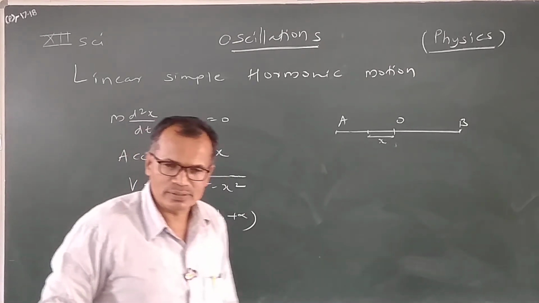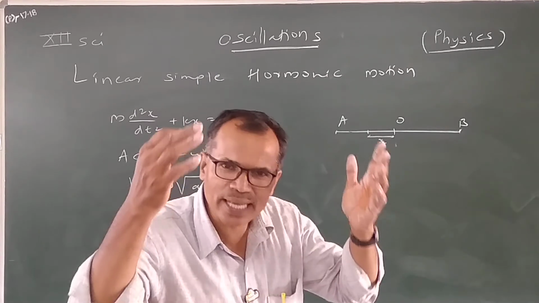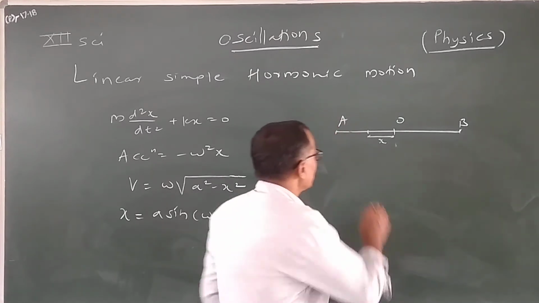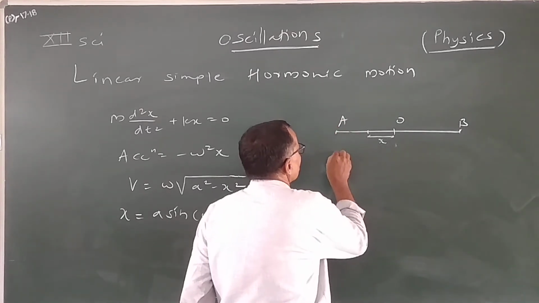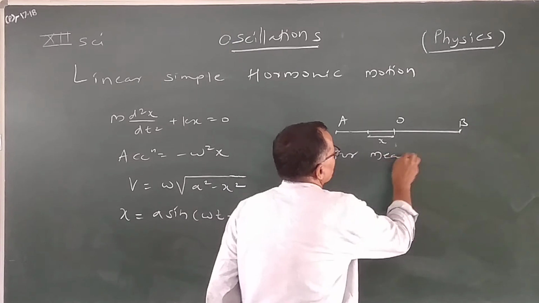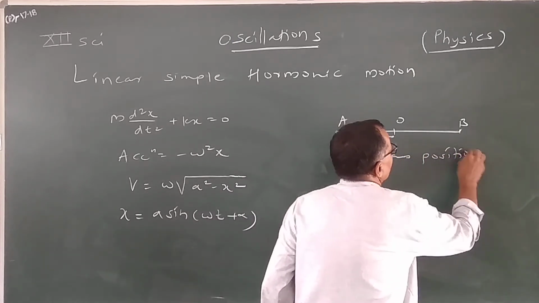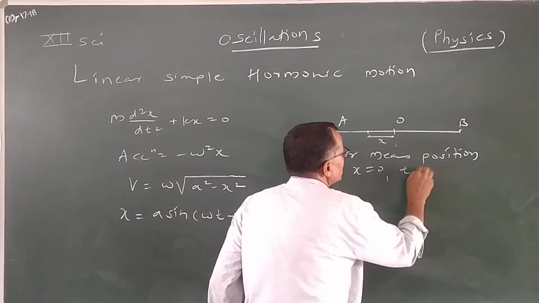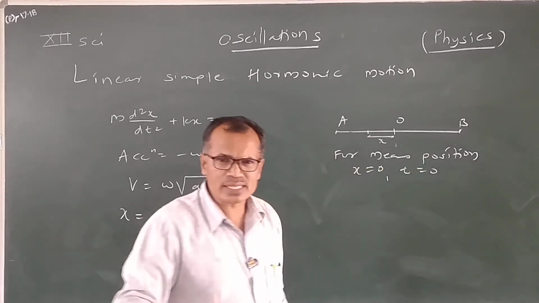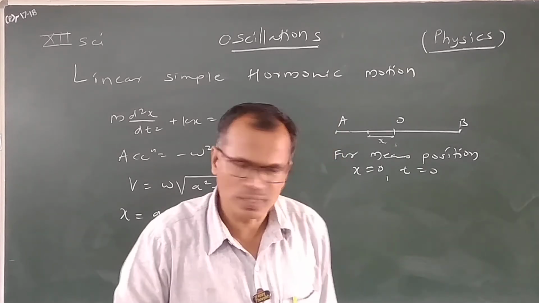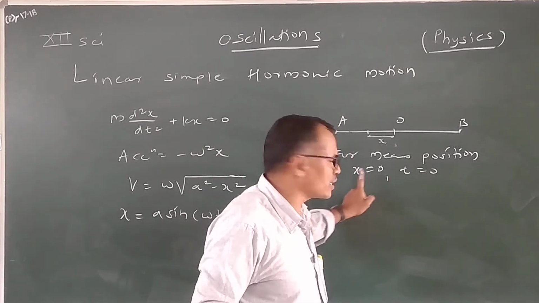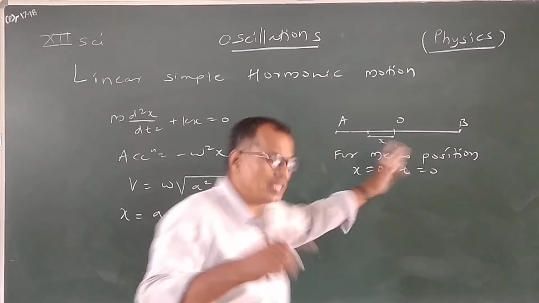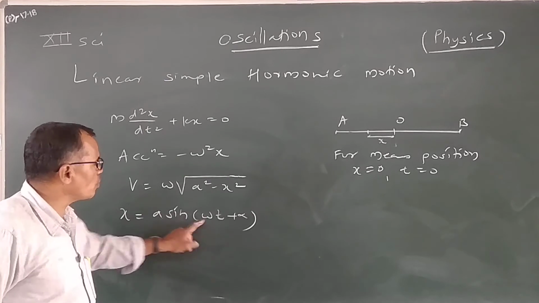Now suppose the particle has started motion from the mean position. For the mean position, the displacement is 0 and time is equal to 0. Put x equal to 0 and t equal to 0 in the equation x equal to a sin(omega t plus alpha).